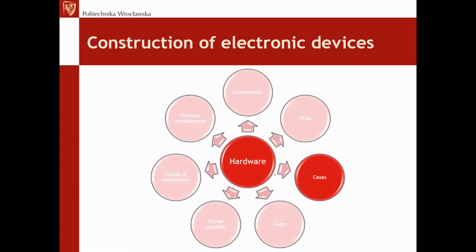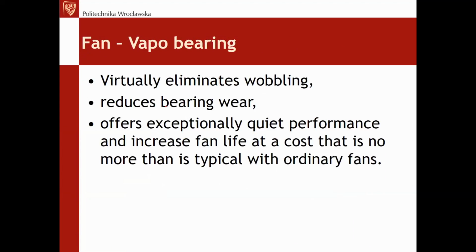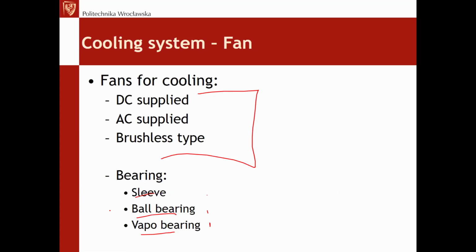And the last type of fan, not mentioned here, which is becoming more and more common today, is the brushless type. The brushless motors. So 2 types of motors are available today: BLDC and PMSM motors. They are actually motors with permanent magnets.